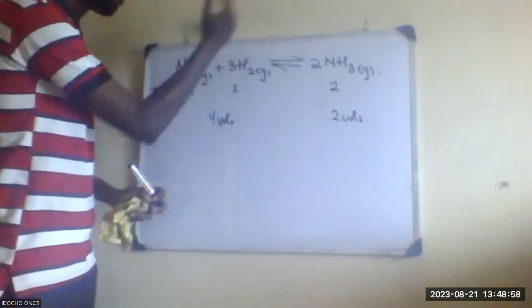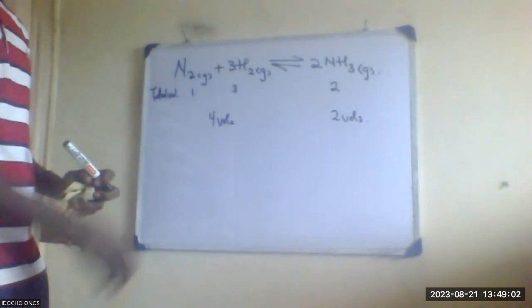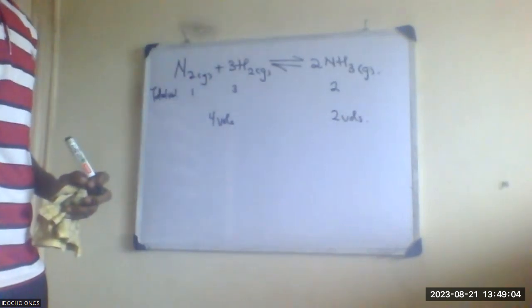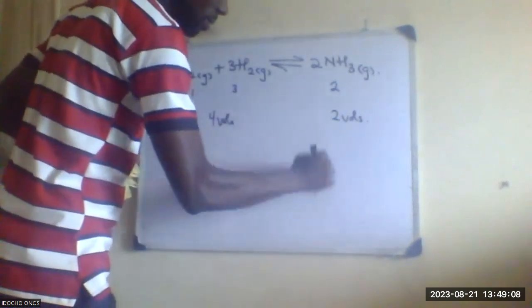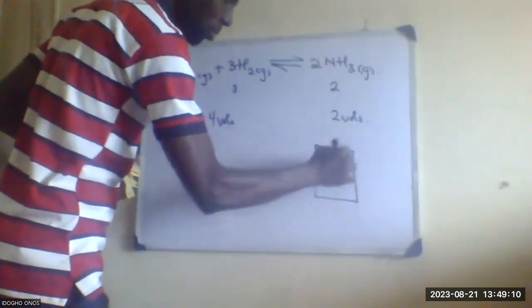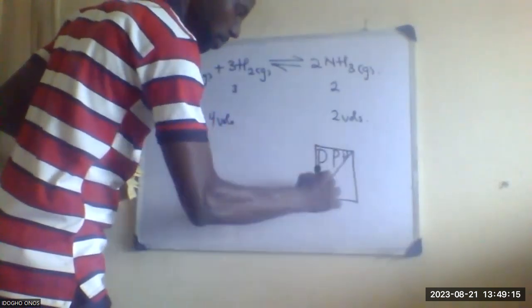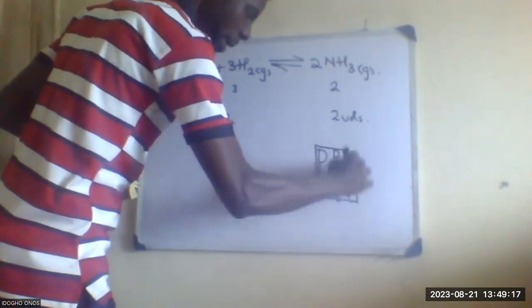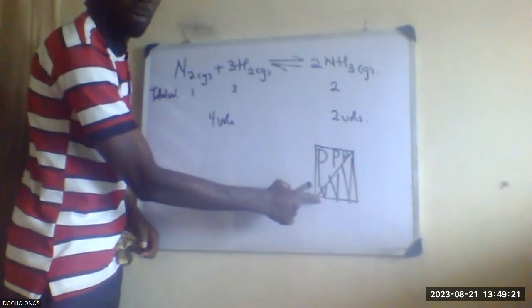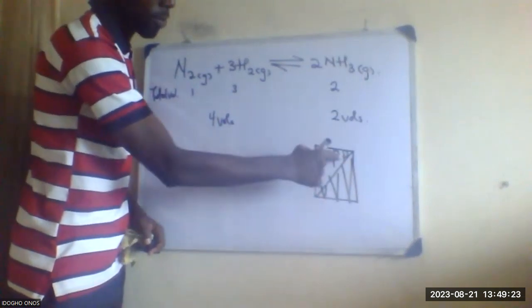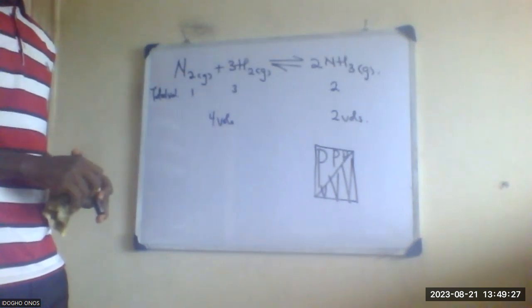Now, from that diagram that we drew, if I increase the pressure, which side has a smaller volume? Is it my product or my reactant? Let me draw the diagram back again so I can help you as I'm explaining. Remember your diagram: big pressure, small volume. Small pressure, big volume. Right? Yes.